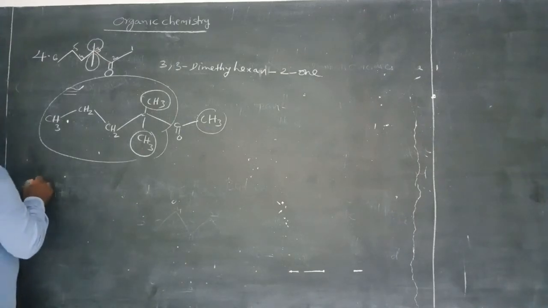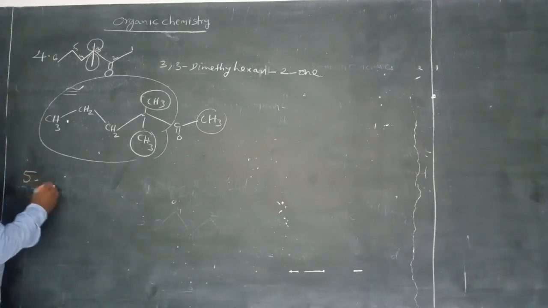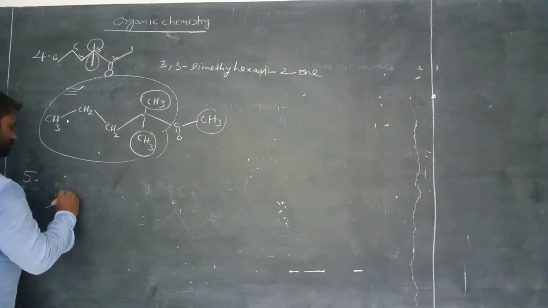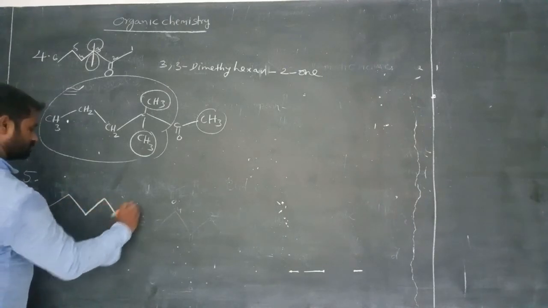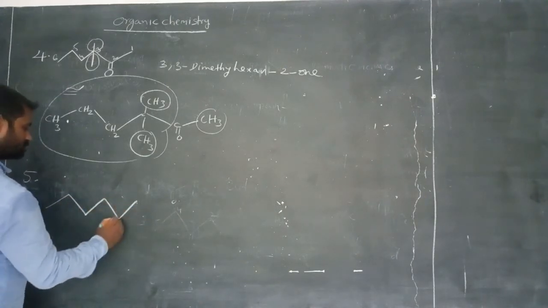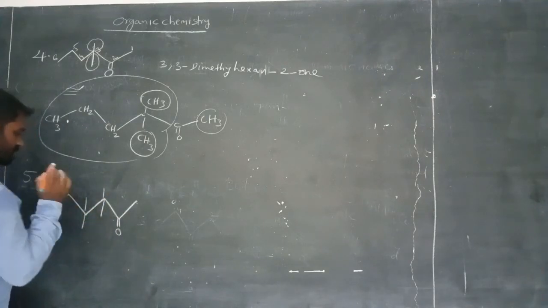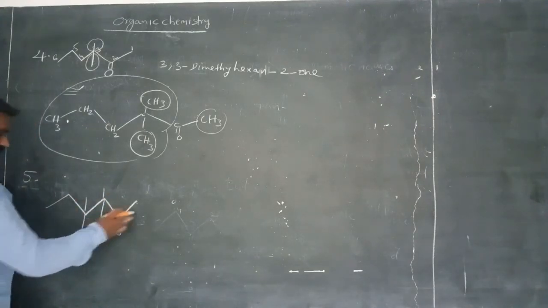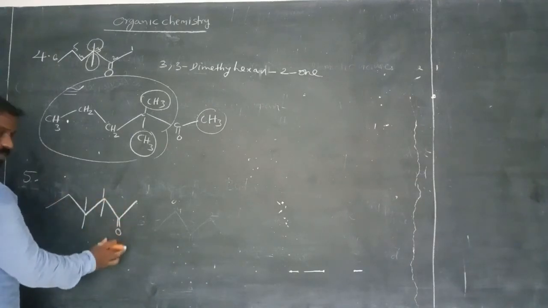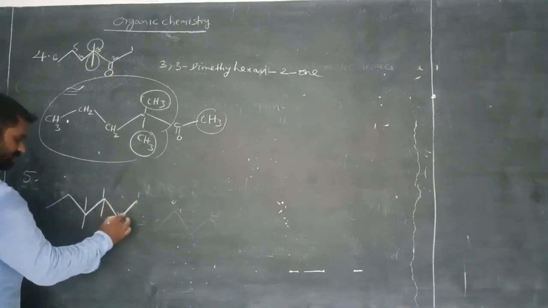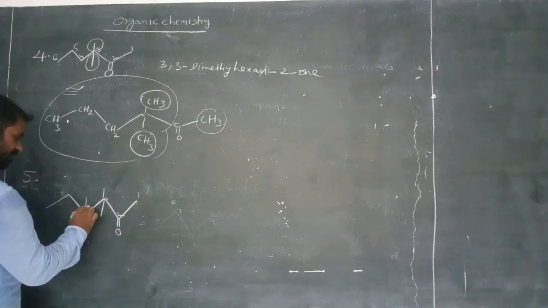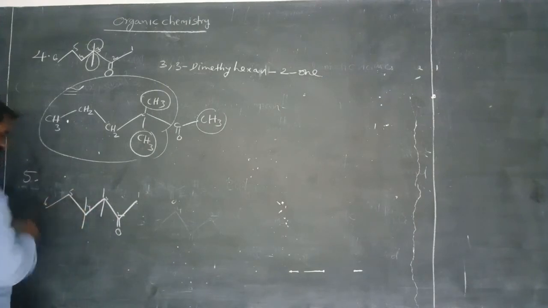Okay, and let me write one more example regarding this. So keto: this is one group, this is another group, C double bond O group. So give the numbering 1, 2, 3, and 4, 5, 6.